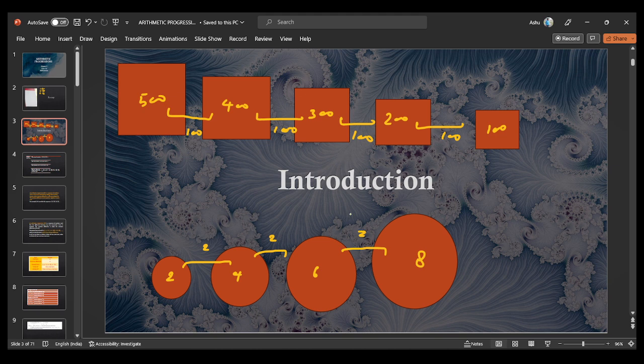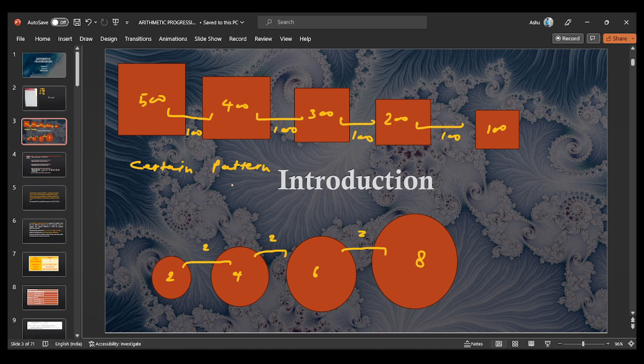You must have observed that in nature many things follow a certain pattern, such as the petals of a sunflower, the holes of a honeycomb.